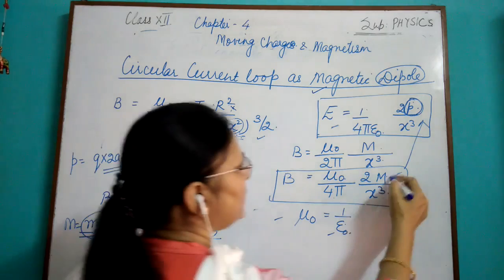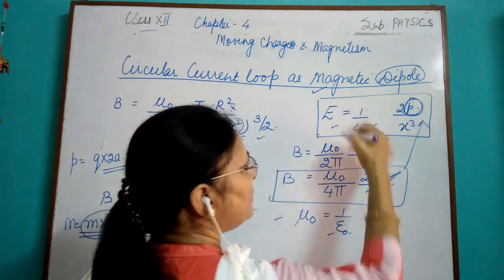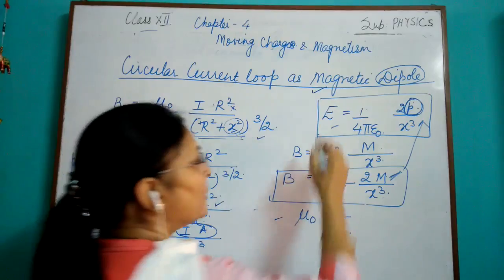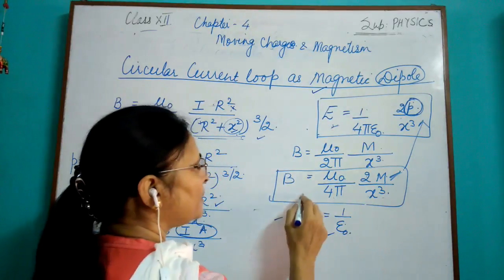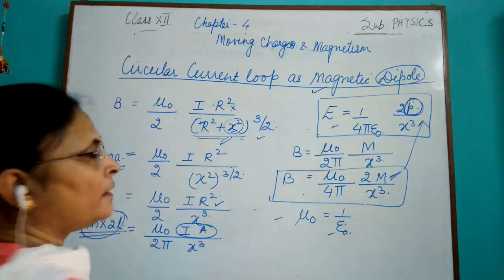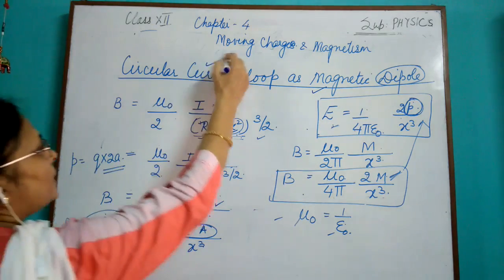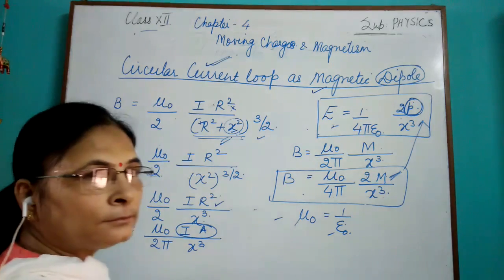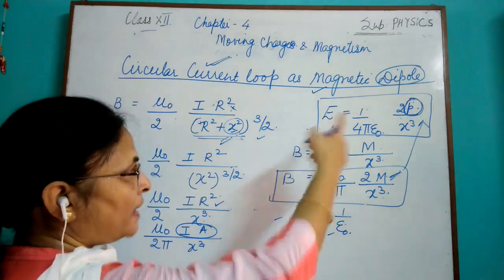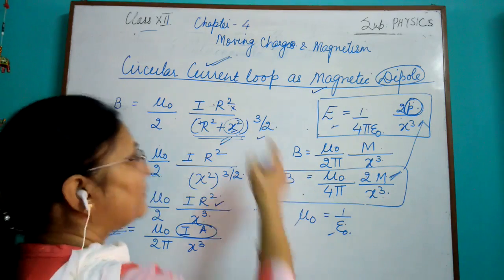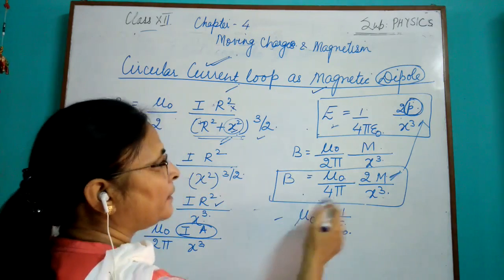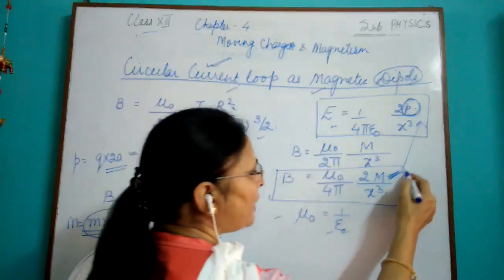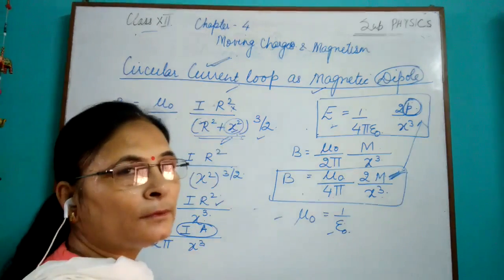So now you can see these two expressions are similar. What does it mean? This was an electric field due to an electric dipole. That means the expression which we have obtained here due to a circular current loop is similar to this, meaning this loop is also acting as a magnetic dipole with this magnetic moment.